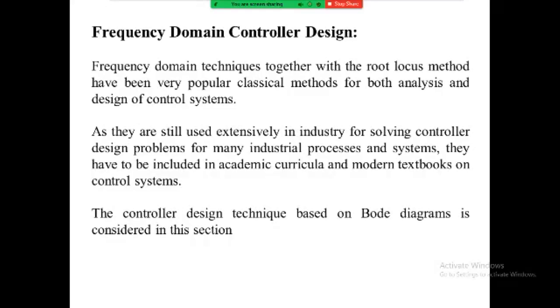These controllers based on the Bode diagram can also be used to improve some of the transient response parameters, but their design is more complicated and far less accurate than the design of the corresponding controllers based on the root locus method.